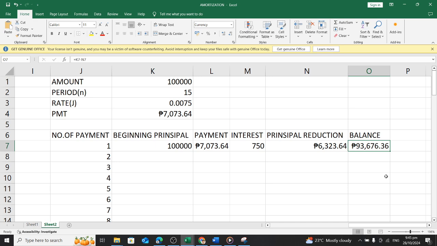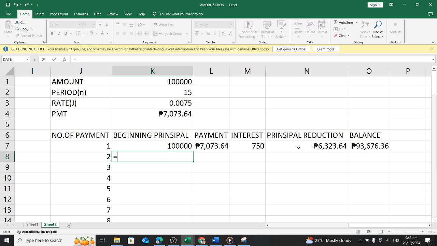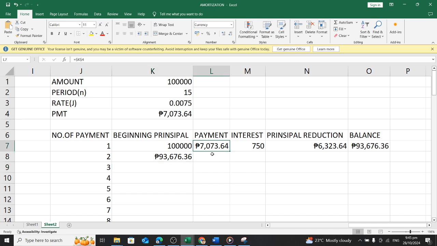Now, in the second period, our balance of 93,676.36 will become our new beginning principal. So we click it to become the new beginning principal. Okay, now we just press equals and then click our regular payment, because that is constant.